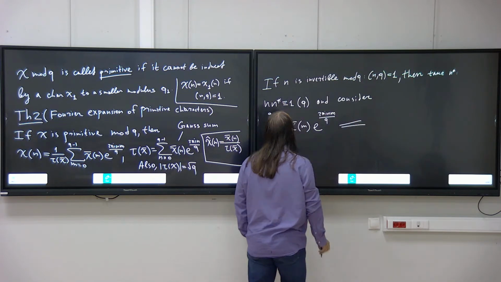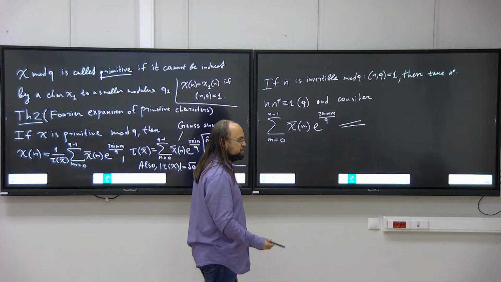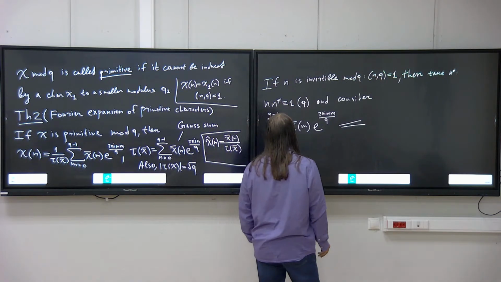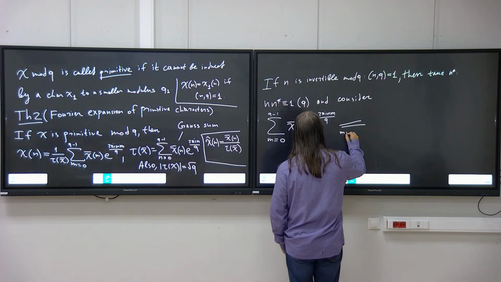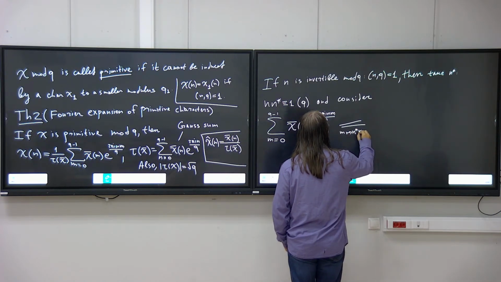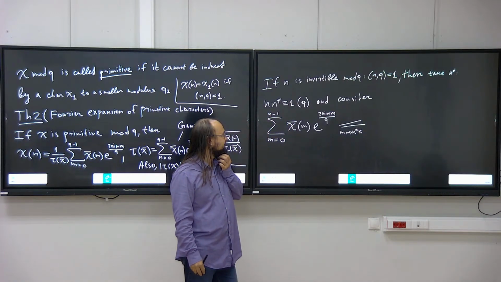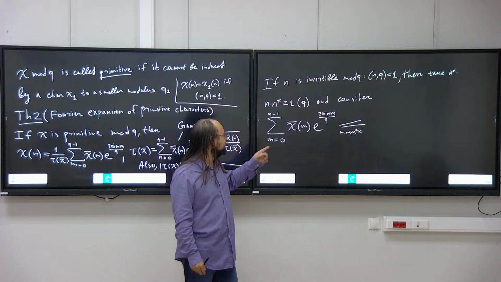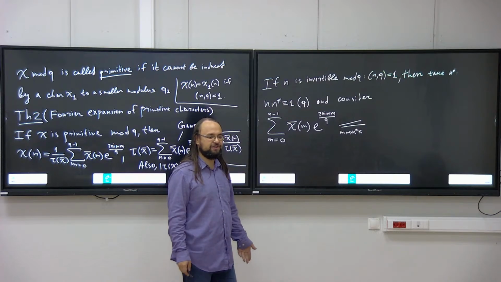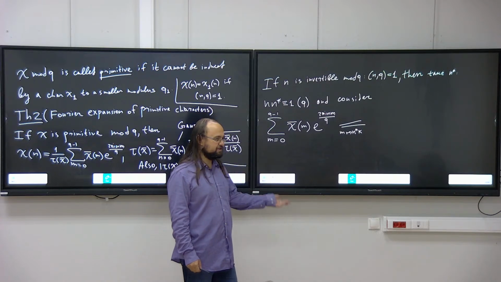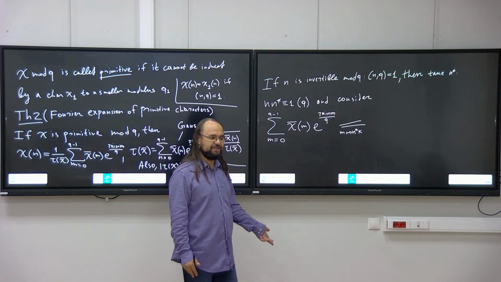This can be transformed using linear change of variables. So you can always change m to say n star k. If you set m to be n star k, then when m runs over all residues modulo q, k also runs over all residues modulo q, right?